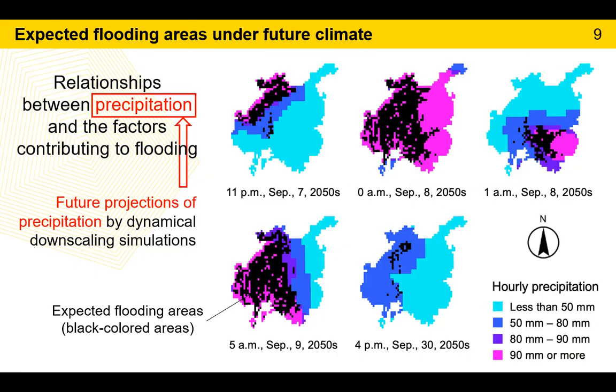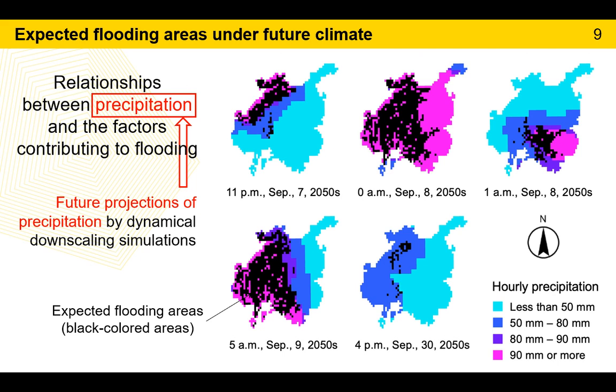However, in the previous slide, we assumed spatially uniform precipitation. But in fact, the precipitation has a horizontal distribution. When we use the actual distribution of precipitation in the relationship between precipitation and the factors contributing to flooding, we can obtain more realistic flooding areas.